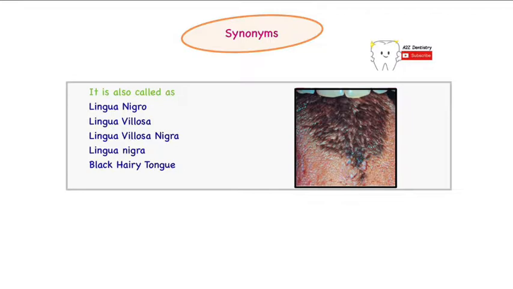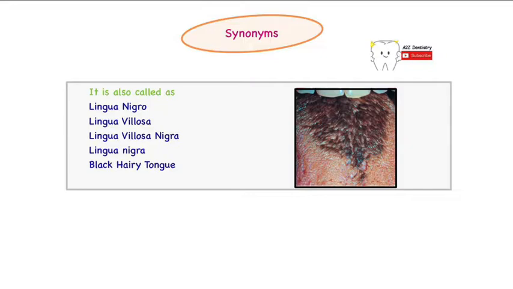Now, if we break these words down, lingua means tongue, and nigra refers to any shade or color that has a very darker shade. So lingua meaning tongue, and nigra here basically means the tongue has acquired a somewhat darker shade, right. It may range from grayish black all the way to brown and black color.